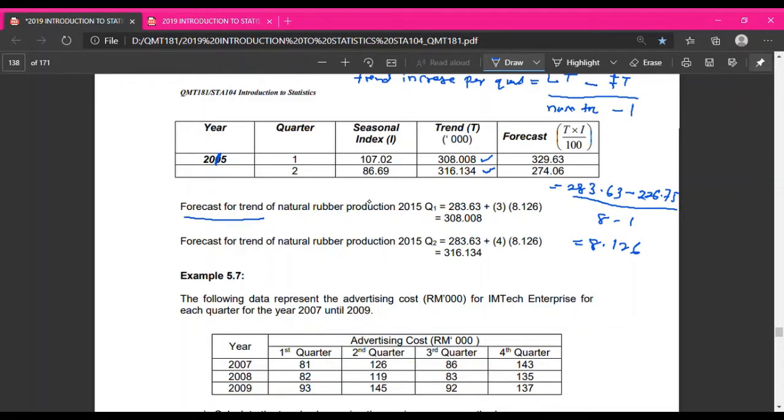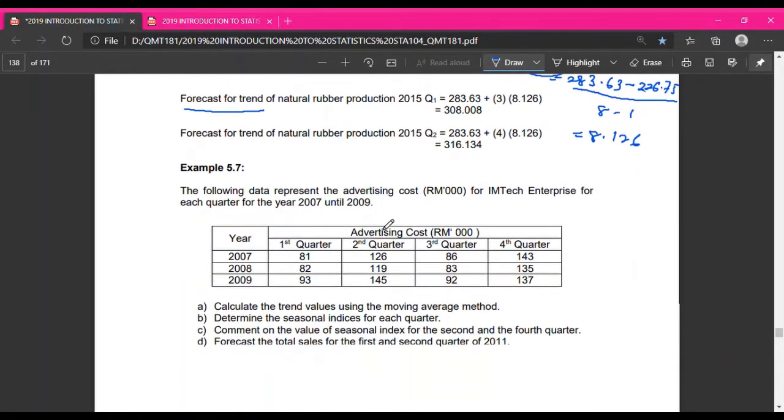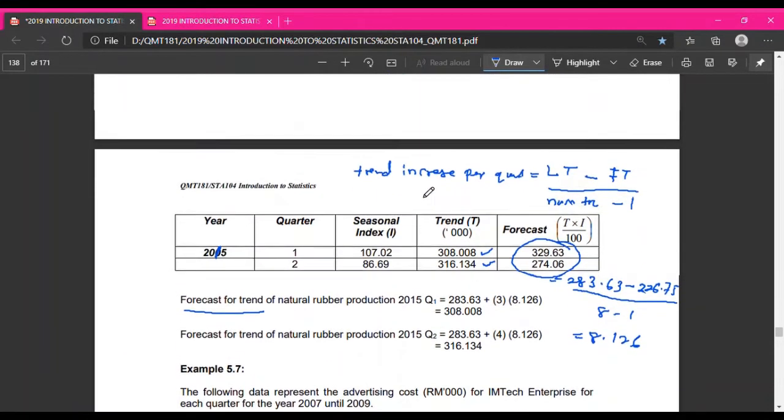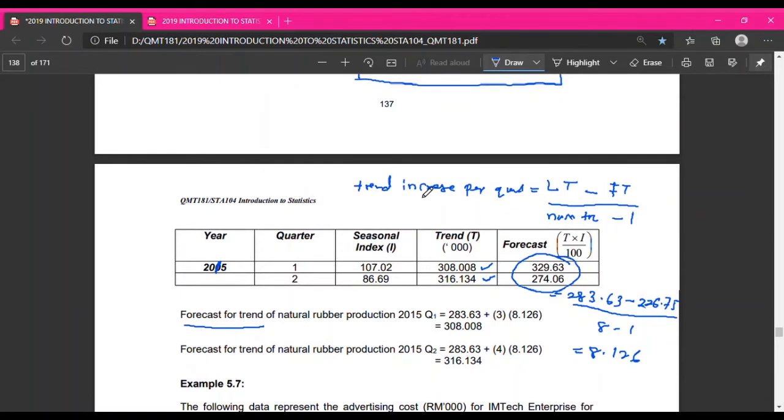This is actually our intention, the final answer we want. The forecast of the production for the first quarter 2015 is 329.63 in thousands, multiplied by 1000. For the second quarter 2015 it is 274.06. Alright, that is how you forecast our variable, in this example the production.